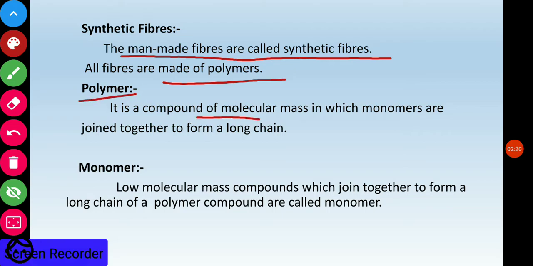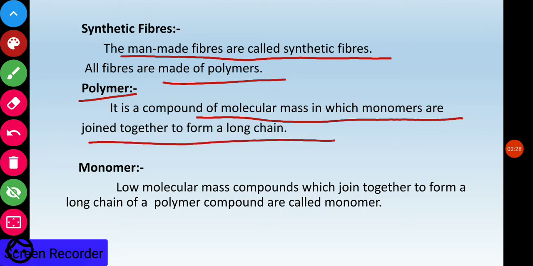It is a compound of high molecular mass in which monomers, meaning single units, are joined together to form a long chain, just like your mala or the necklace. In the necklace, if you join a number of beads and attach all these beads through a thread, then a long chain is formed, just like the polymer is prepared.